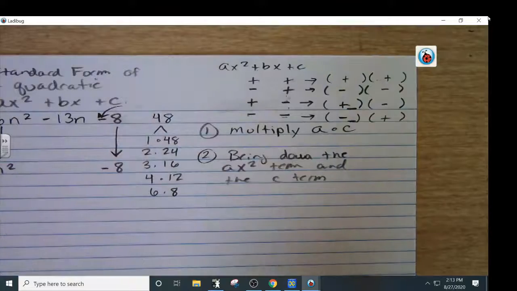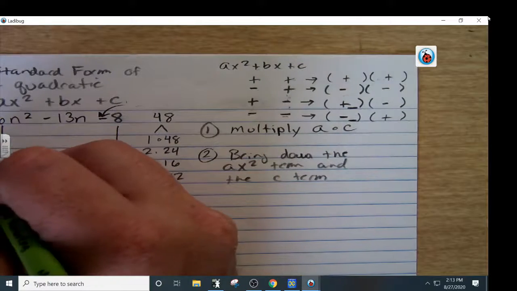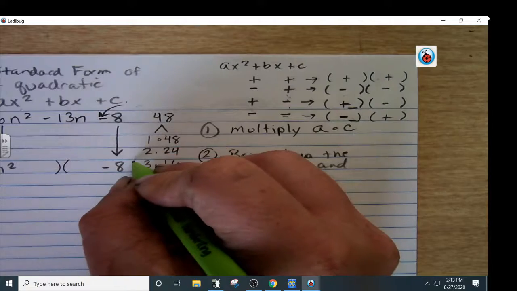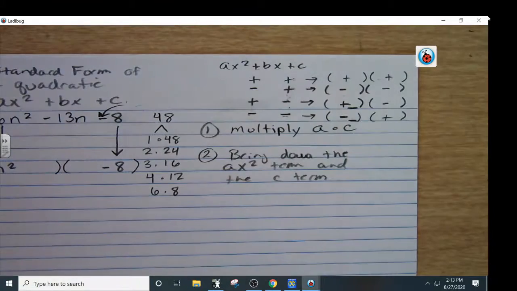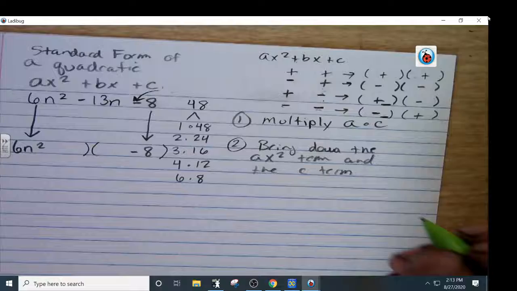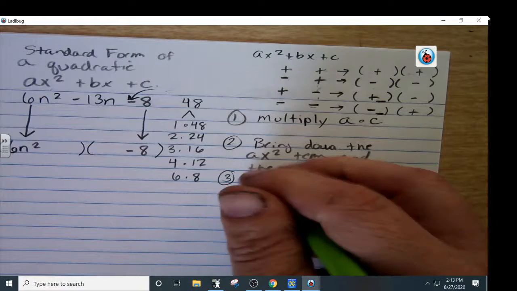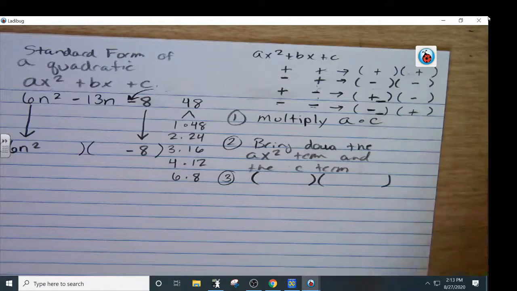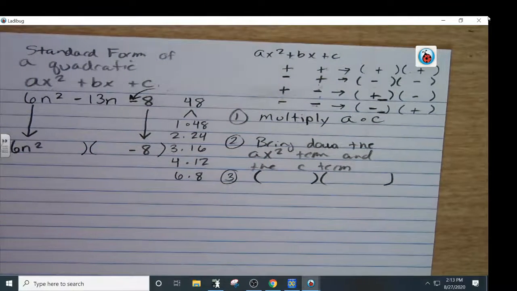Okay? So here's what we're going to do. We're going to start with a set of parentheses. Actually, two sets of parentheses. So step 3 is two sets of parentheses. Alright?